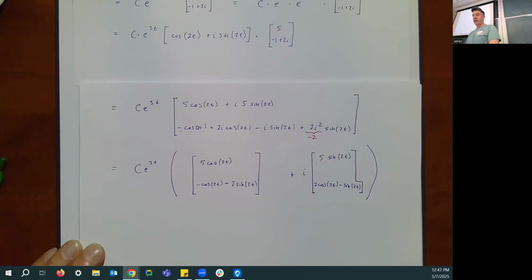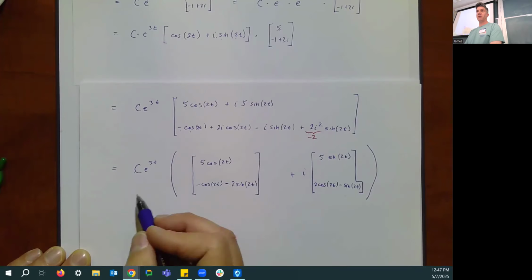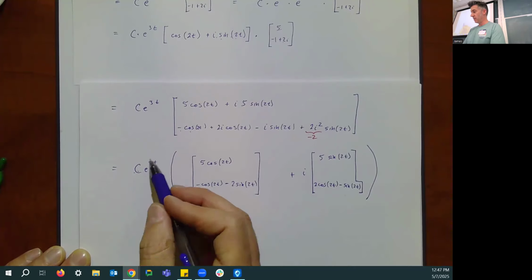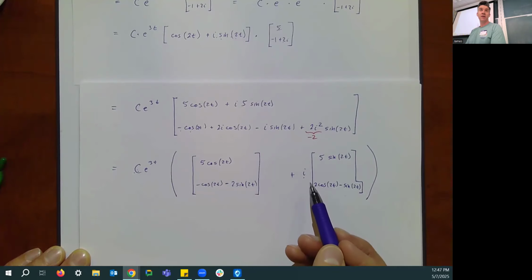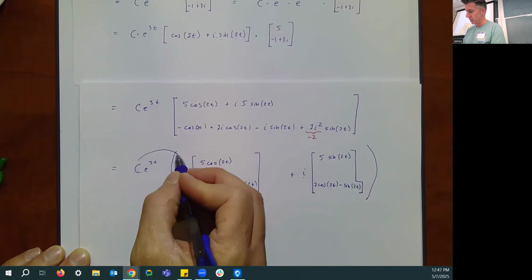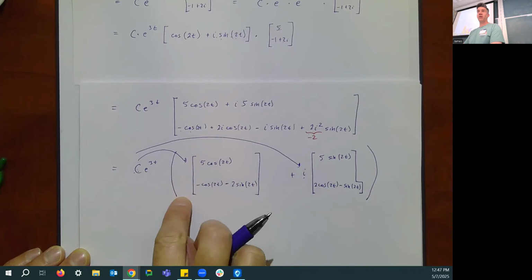So we're almost there. Now here's kind of the weird part. We're going to say that c times this vector, there's going to be some constant there, and c times that vector, well, c times an imaginary number is still a constant. So when we distribute this c to both of these terms here, we just get a constant here and a constant there.